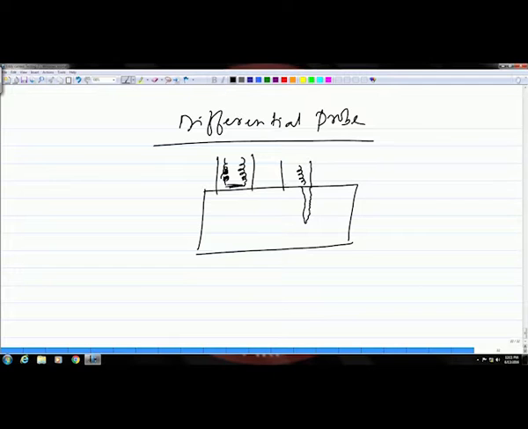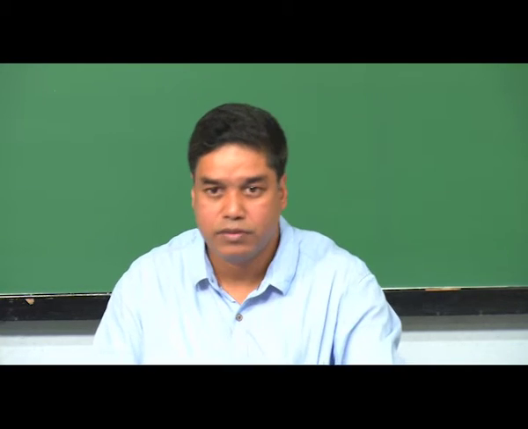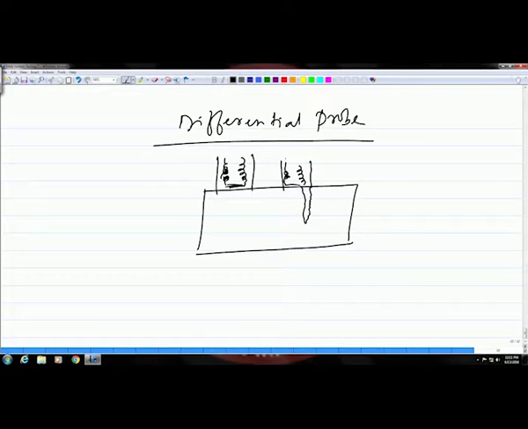But whenever there is one coil over the defect and another coil is not directly over the defect like this, then a differential signal will be generated between these two coils.